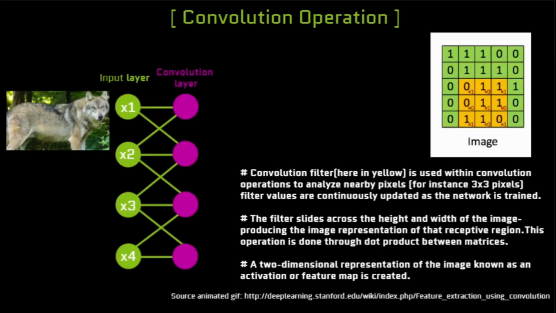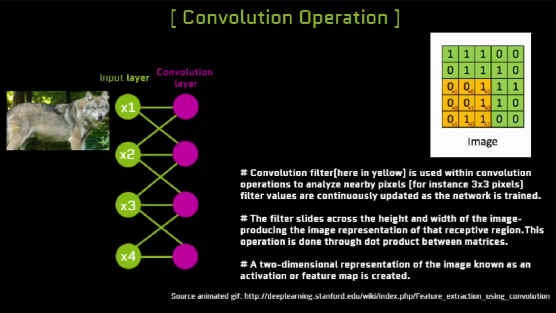The filter assigns weights and biases to any area of the input image. For instance, a 3x3 filter would represent a 3 pixel by 3 pixel selection of the image. By using filters, the number of weights calibrated during the training process of a neural network is reduced. Convolution filter values are continuously updated as the network is trained.